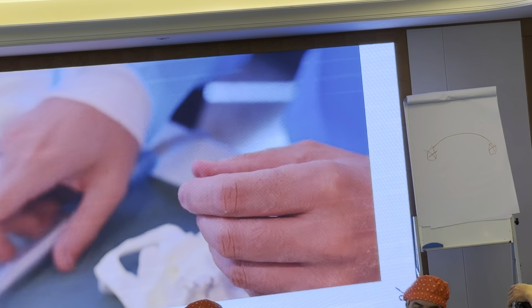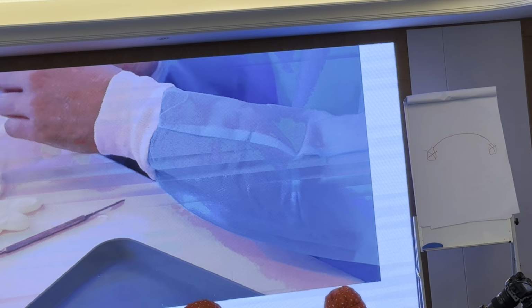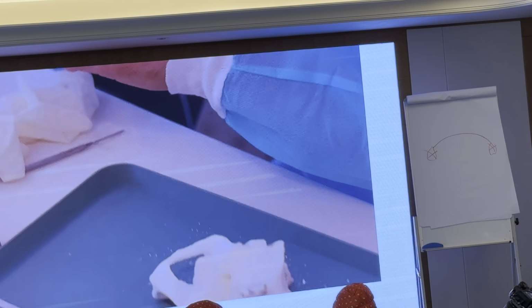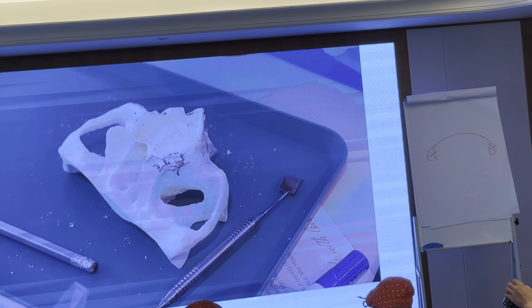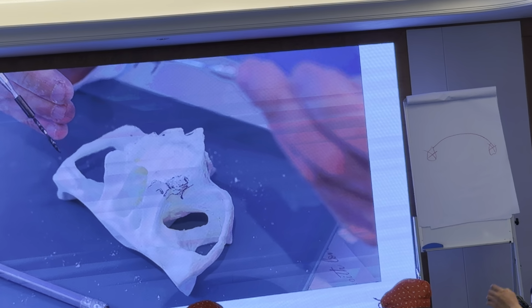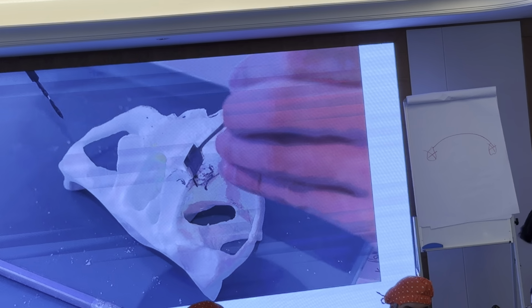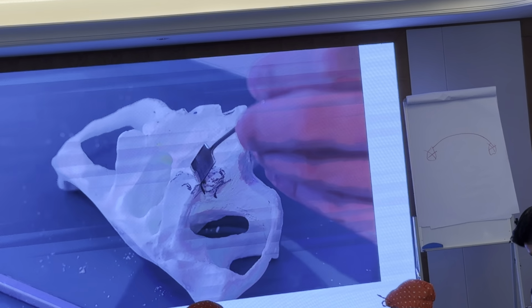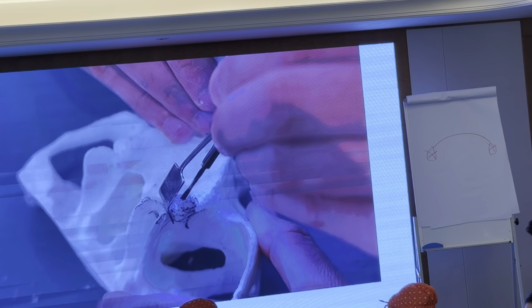So let's take the 2.0 bur. I take my pterygoid retractor, I put it in place, I enter inside the point that I made with the pilot drill, and then I drill.